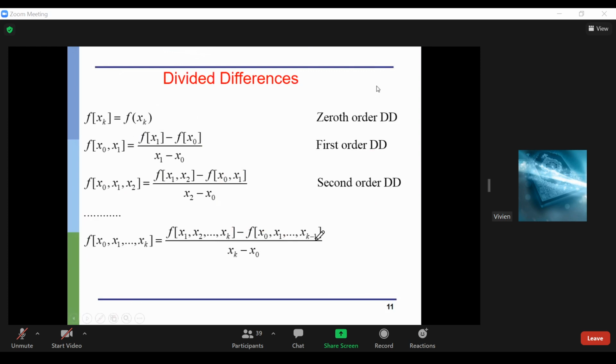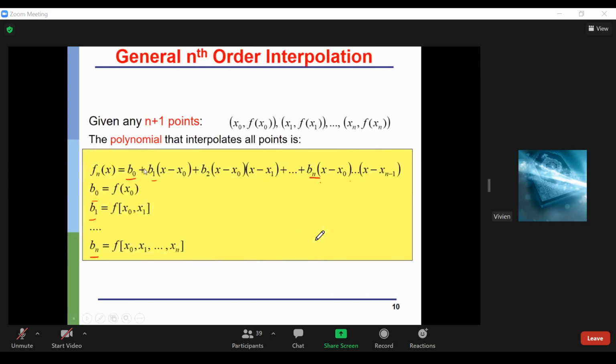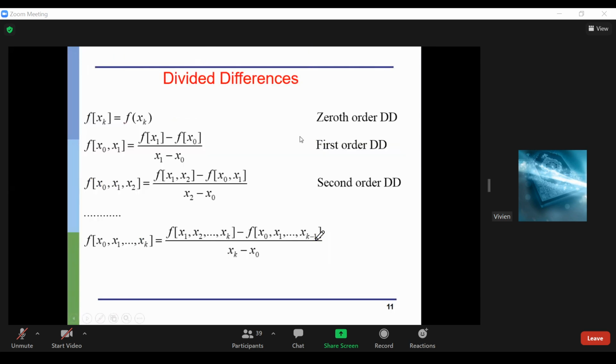For P0, which is the zeroth divided difference, that will be equal to F[x0]. F[x0, x1] will be (F[x1] minus F[x0]) over (x1 minus x0).